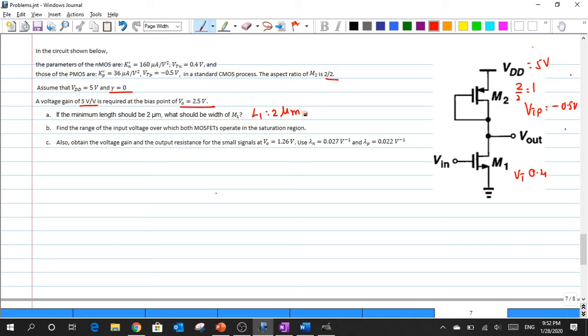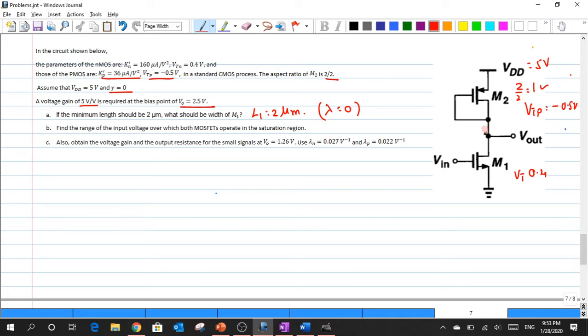But what is unknown in this case is the gate potential. One could see that this gate is connected, or shorted, to our drain, and that drain is connected to the Vout. In the question we have already said that in order to get a gain of 5, Vout has to have a value of 2.5 volt.